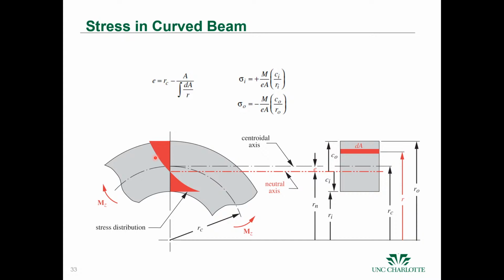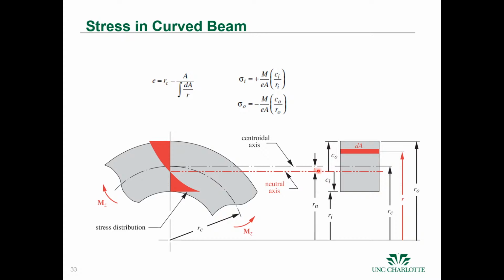Now, if we have a curved beam, then we actually have a different stress distribution. Instead of a linear stress distribution, we have a parabolic stress distribution, and the neutral axis shifts away from the center of the beam, and that's denoted by this epsilon term, e.